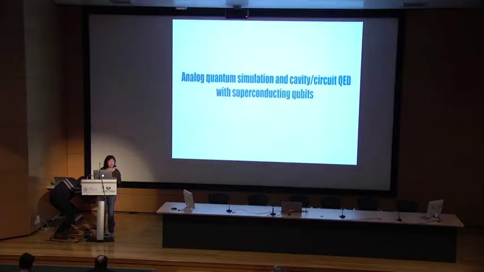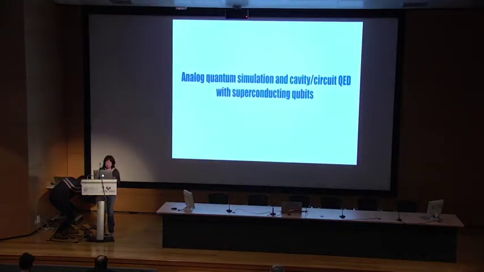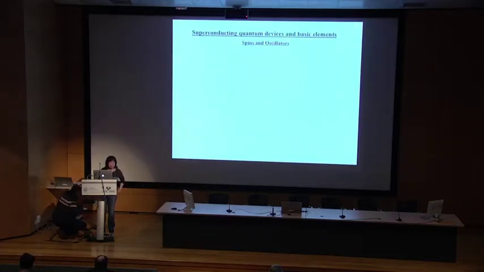So let me start from the first part, the analog quantum simulation with superconducting qubits and CQED. As you heard from the previous talk and also several other talks later in this conference, there has been enormous progress in superconducting quantum devices.